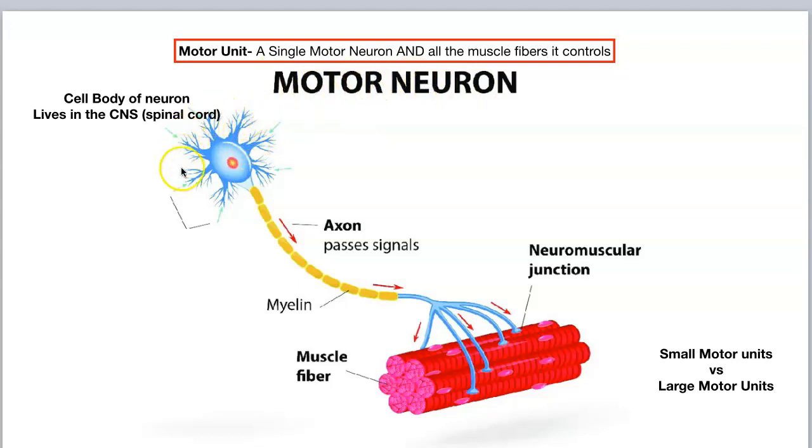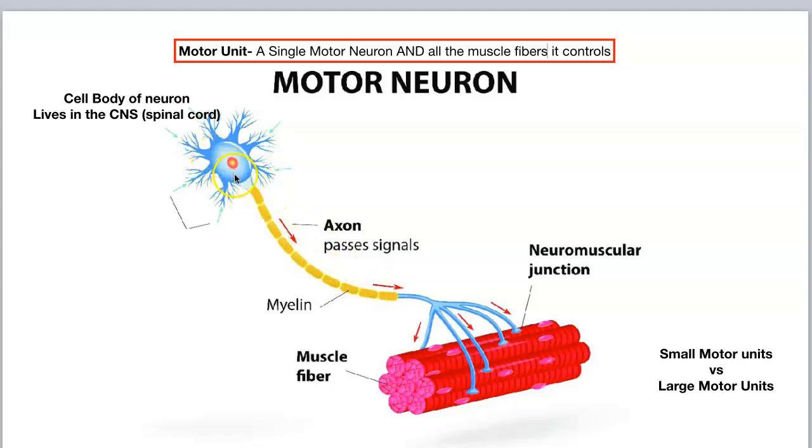So we are going to have our motor neuron. This is what we call the cell body of the motor neuron. This is where it has its cytoplasm, its nucleus. This is its cell body. This part of the motor neuron lives within the CNS, within the spinal cord. So when we say there is an electrical impulse or an action potential going down, this axon is part of this motor neuron.